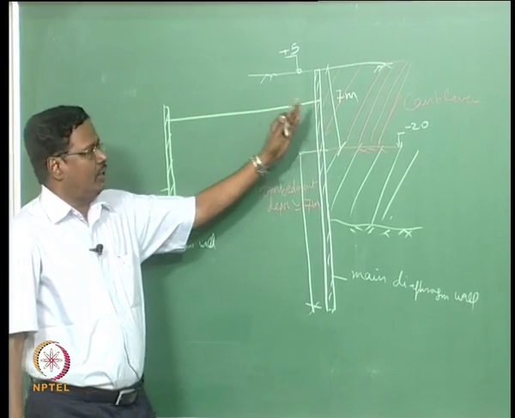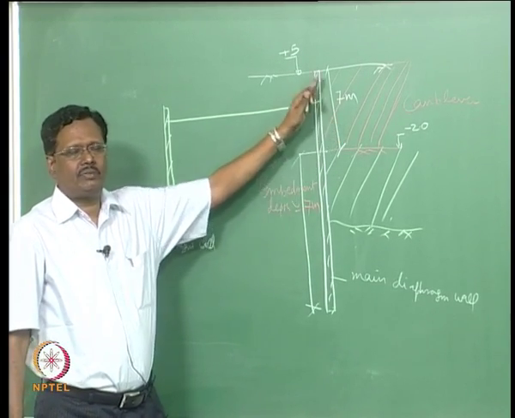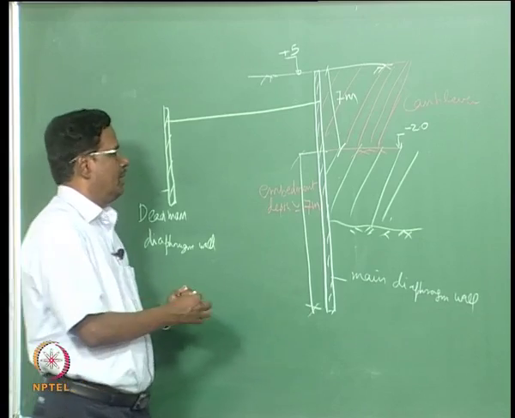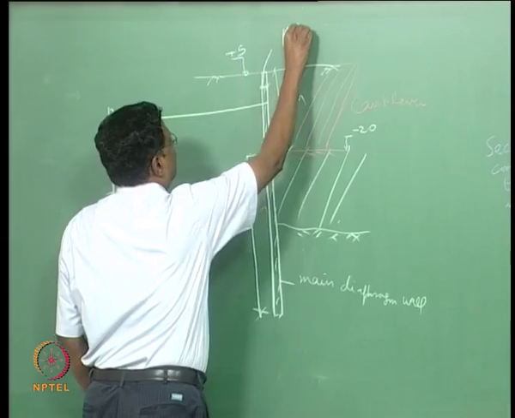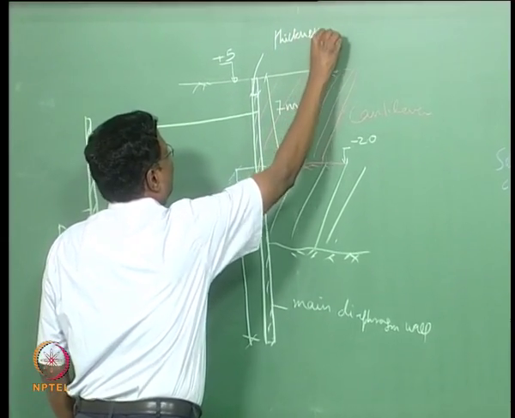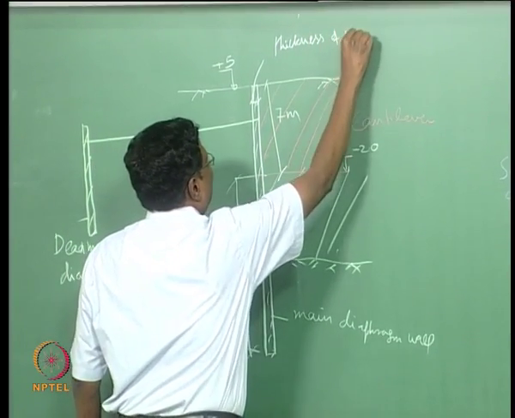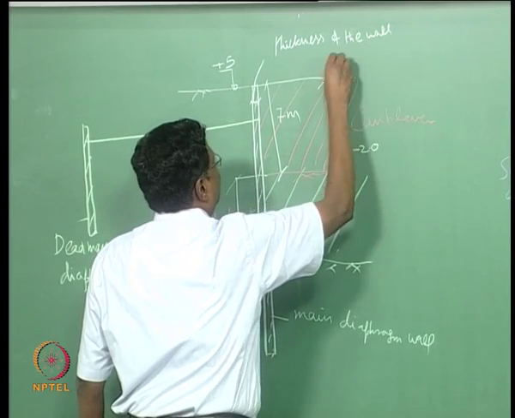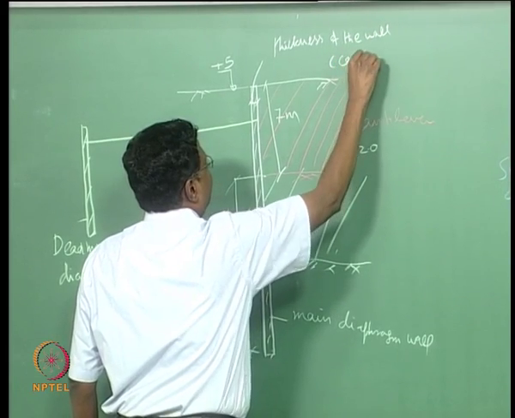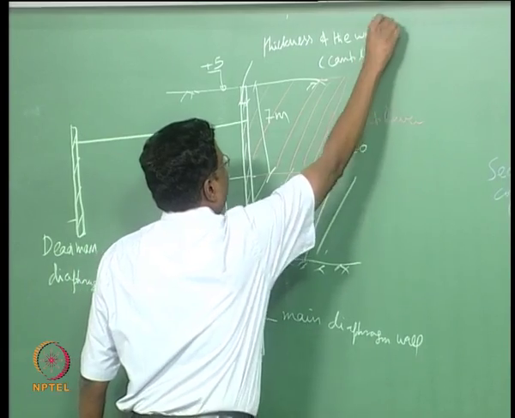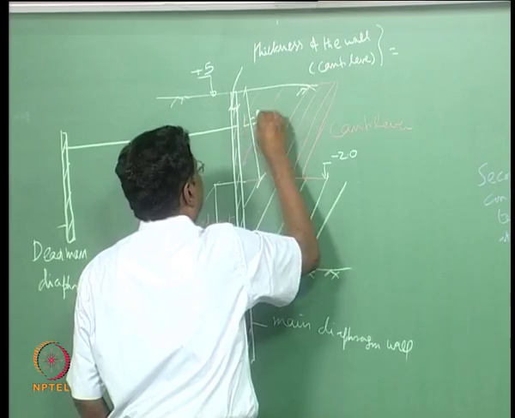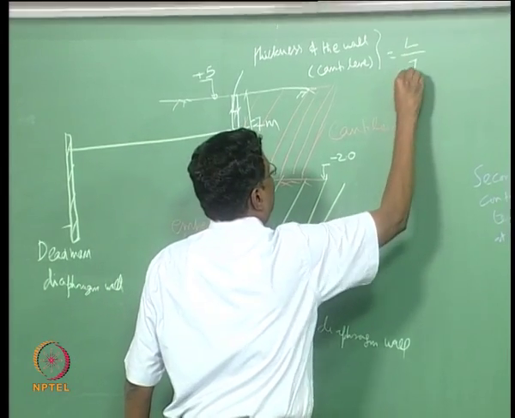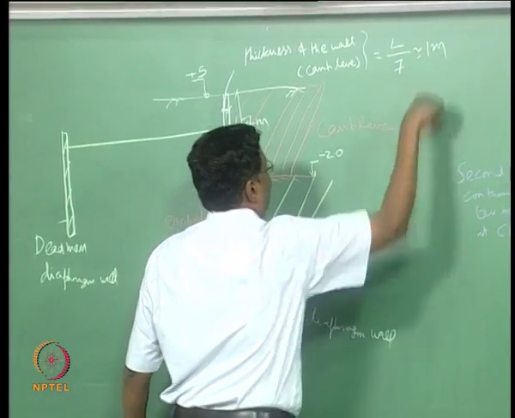If you go more than 7 meter, see for 7 meter embedment depth, this thickness of the wall, this is for cantilever type, is L by 7, that is approximately 1 meter.